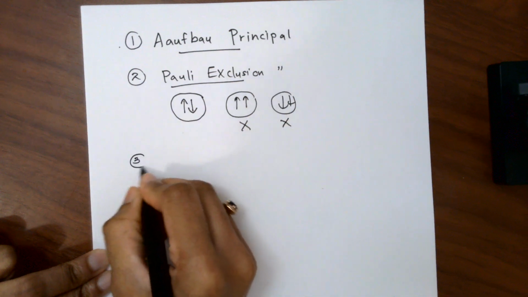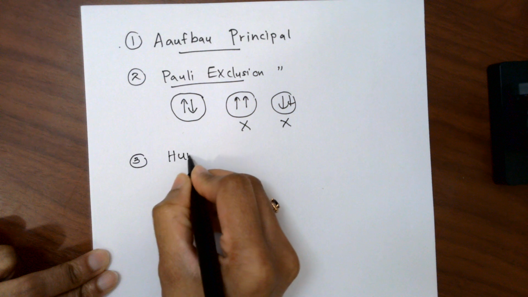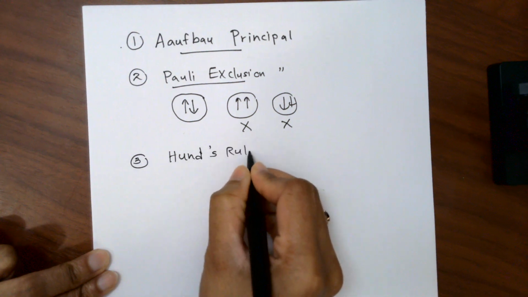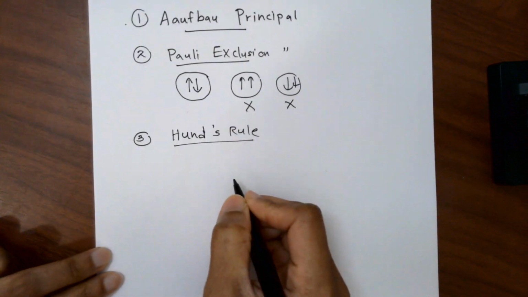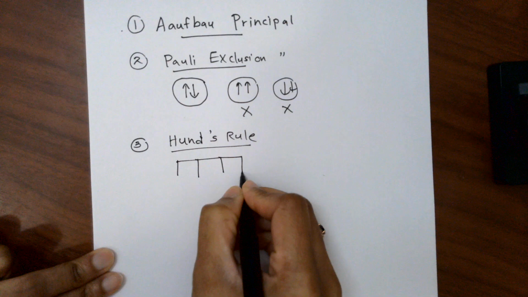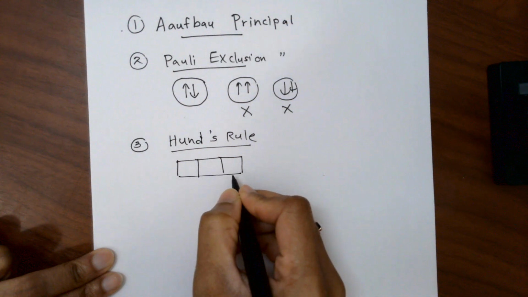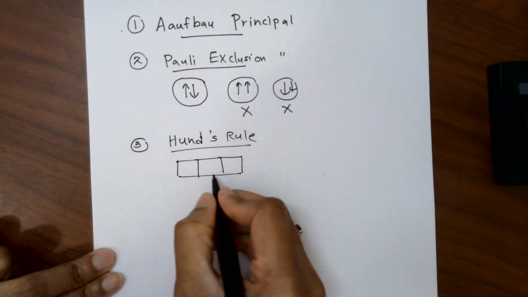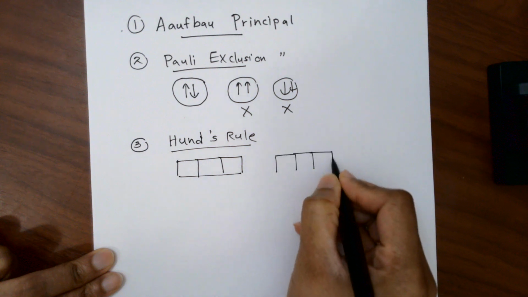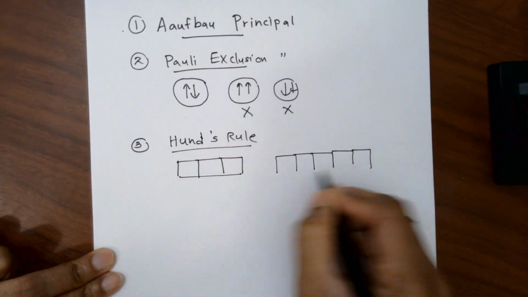Third one is Hund's rule. Hund's rule is, if you have degenerate orbitals, for example p orbitals, there are 3 p orbitals with equal energy, px, py, pz. Or if you consider d orbitals, there are 5 d orbitals with equal energy.